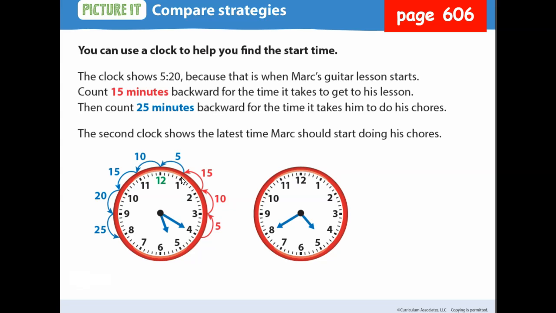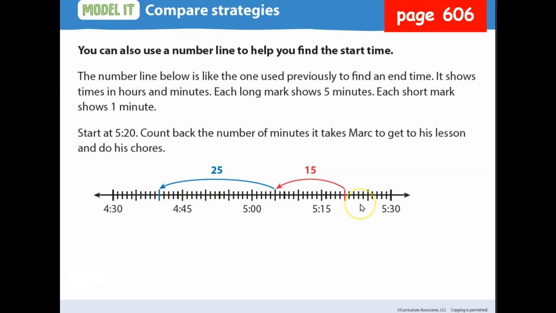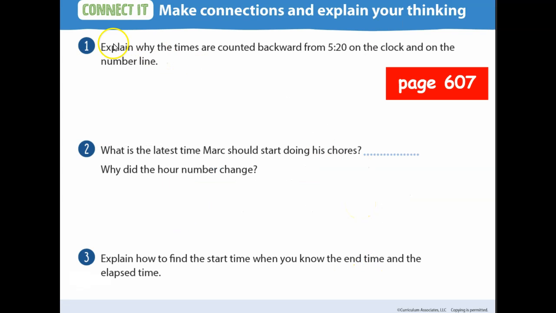Then he takes 25 minutes to do his chores, so count backwards by 5 minutes until you get 25. Like this: 5, 10, 15, 20, 25. So he should start his chores by what time we said? What's the time here? 4:40. Or you could use the number line as well. So explain why the times are counted backwards from 5:20 on the clock and on the number line.